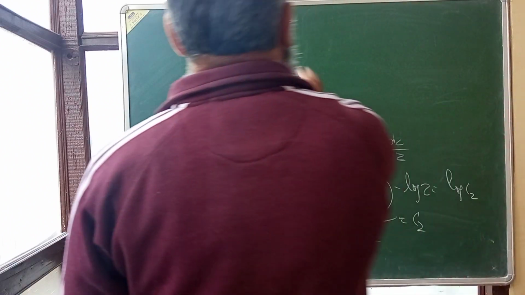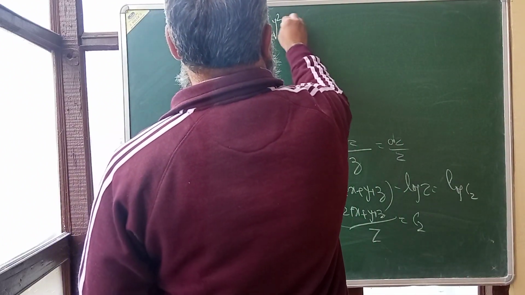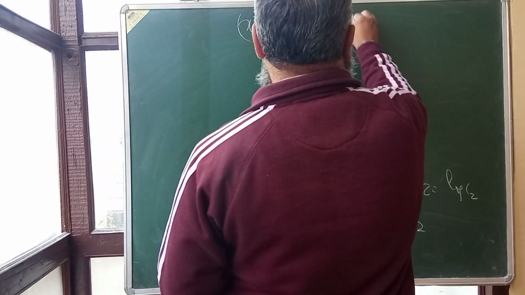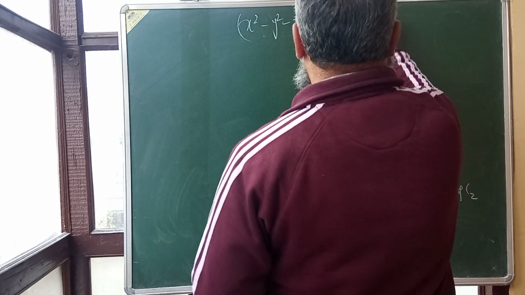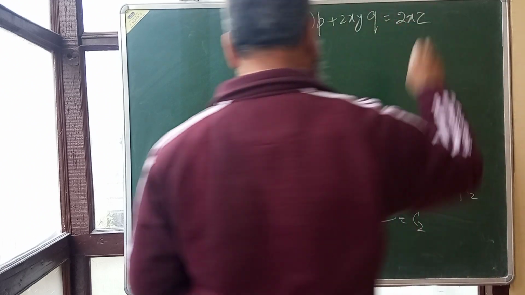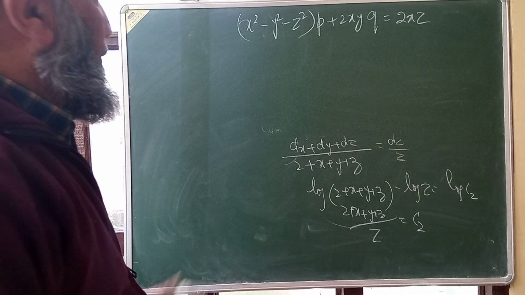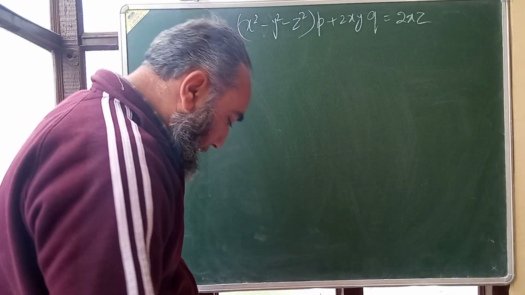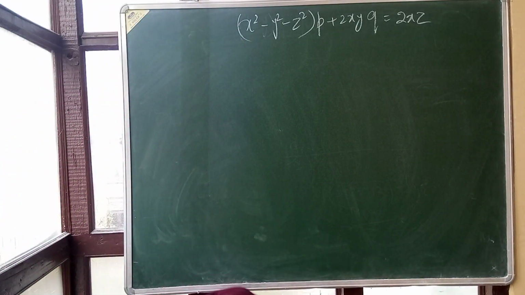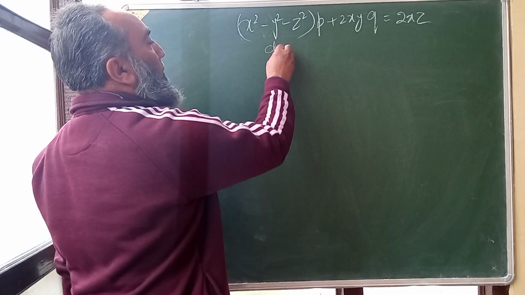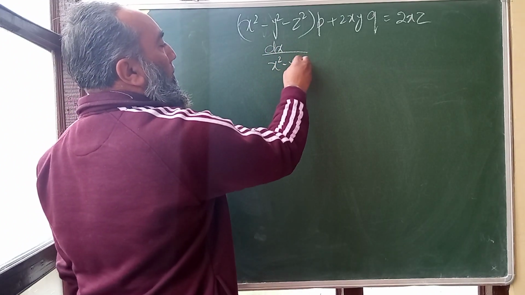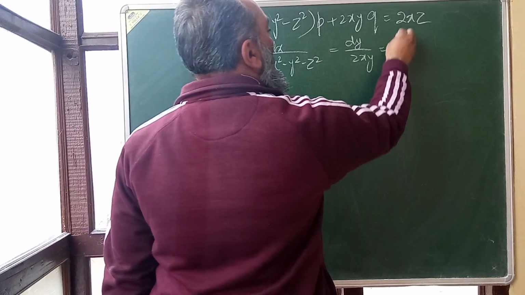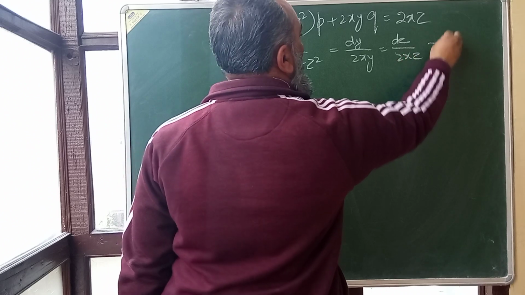The question is, say, (x square minus y square minus z square) p plus 2xy q equal to xz. This is Pp plus Qq equal to R. So Lagrange's auxiliary forms are dx by P, dy by Q, dz by R. This is 1.